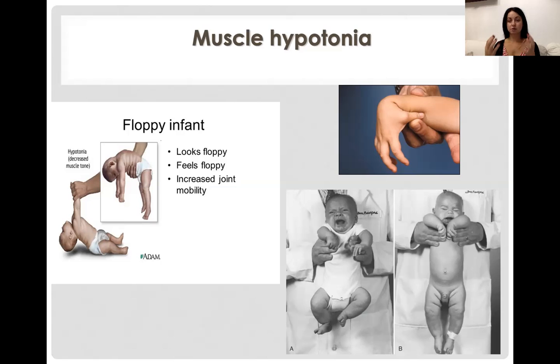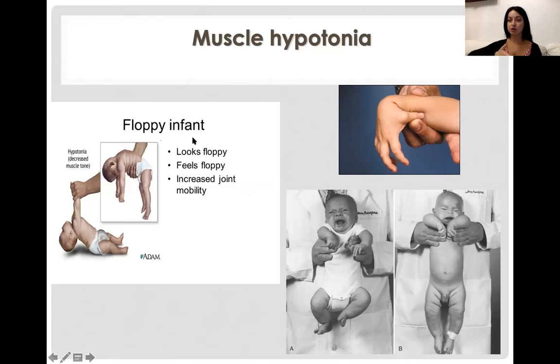So when muscles are present but they're not able to perform this normal involuntary small contraction, we call this hypotonia. And when all skeletal muscles of the body are in hypotonus, we call it the syndrome of floppy infant. So the child looks floppy and feels floppy, like on a picture.